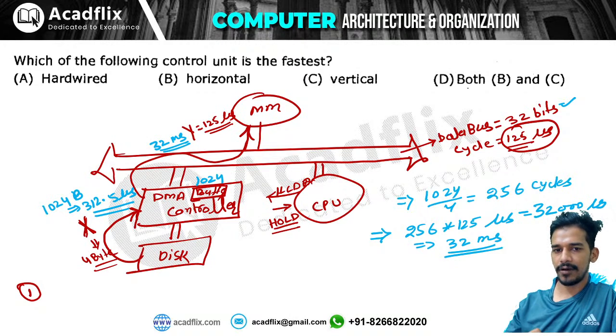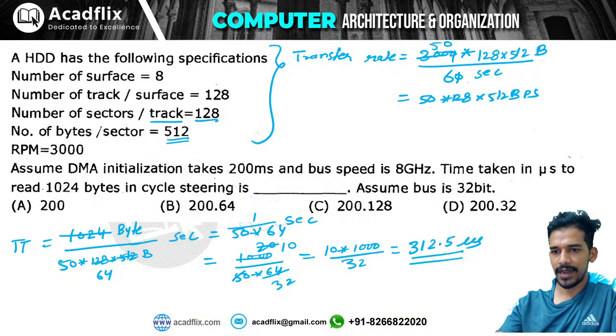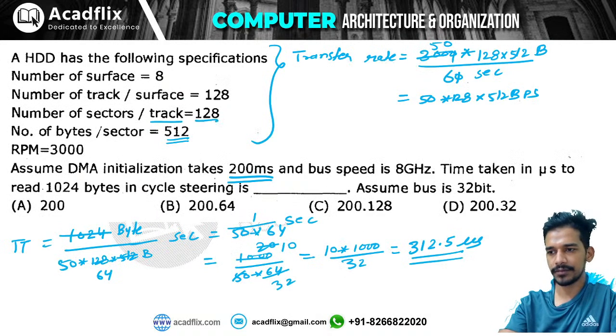Now we have one more time given, that is the DMA initiation time, which is 200 milliseconds. We have to add this time also.